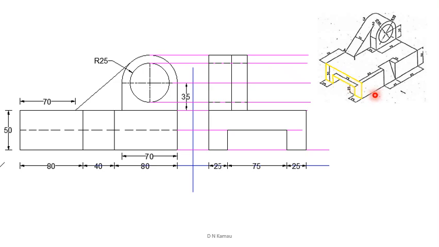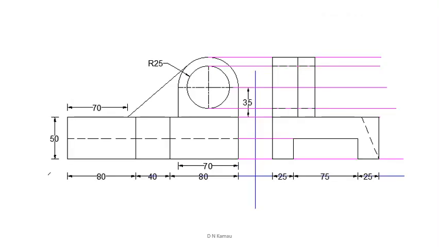So what is remaining is this notch over here, and the notch is 25 millimeters, and all the way down. Because it is hidden, it will remain in a dotted line.